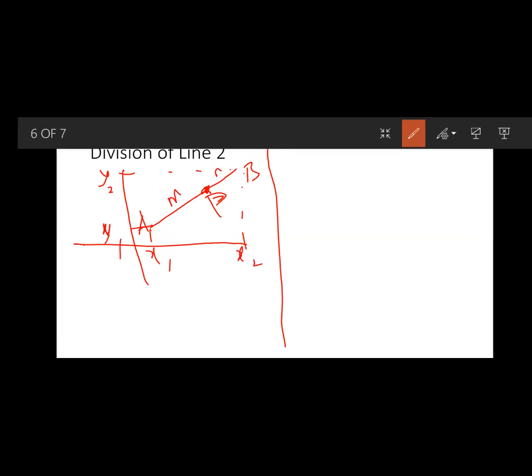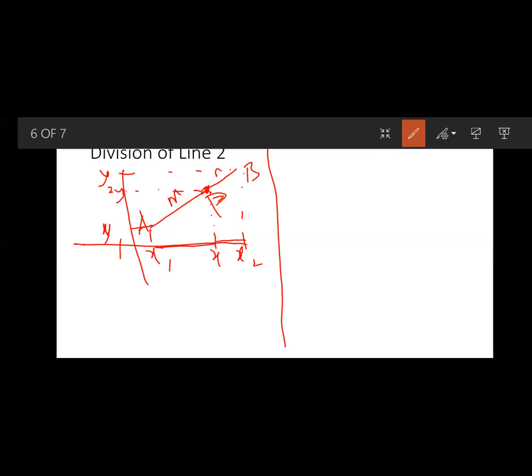In this case now, if this is point P, trace this one down, let this one be x. If you trace this one, let this one be y. But in this case now, they are not equal. From here to here, it's not equal to this, but they are in a ratio.